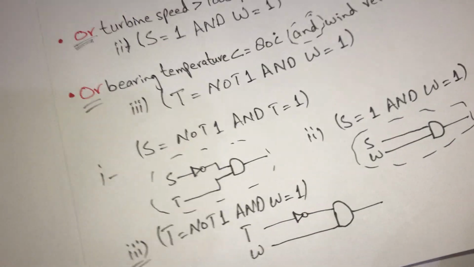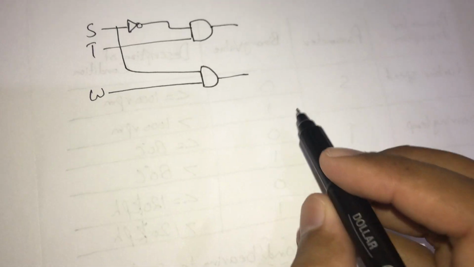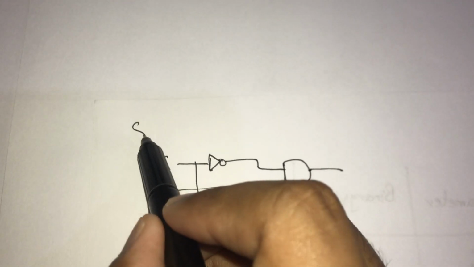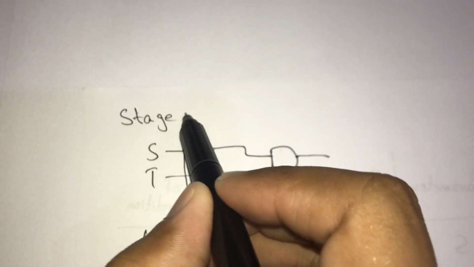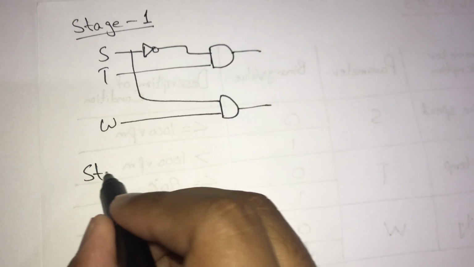For this we will draw our logic circuit again. That was stage 1, now it is stage 2.